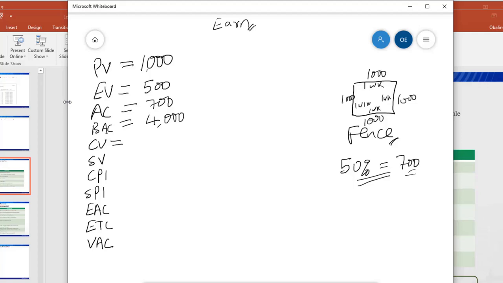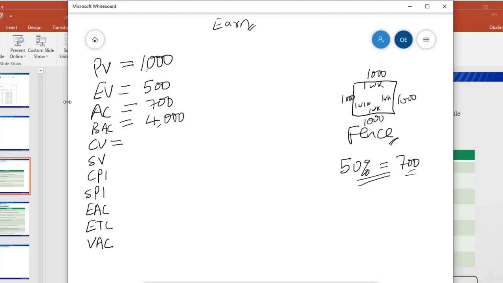Then our cost variance. Cost variance talks about the difference between our earned value and our actual cost. Notice that at the end of the first week, they did 50% and they spent 700. If I ask you how much should have been spent for the amount of work that was done, of course 500, which is what we have here.